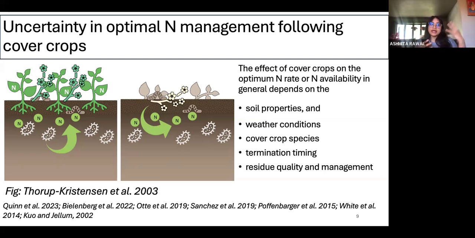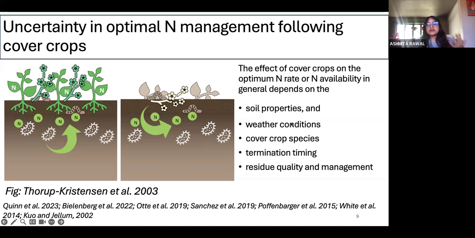At the same time, based on the type of cover crop, they can also capture nitrogen from the atmosphere. But there is uncertainty around the optimum nitrogen management following cover crops, and that can change the optimum nitrogen requirement for the corn because of the nitrogen that might become available to the corn from the cover crops.